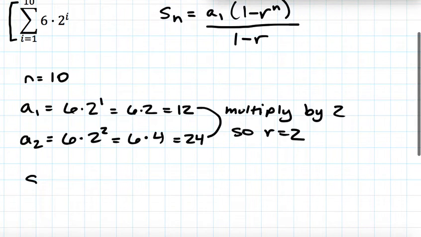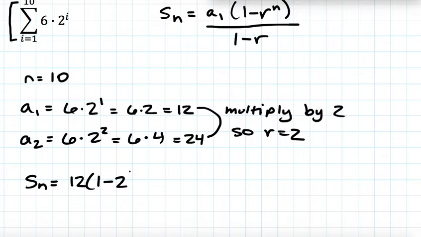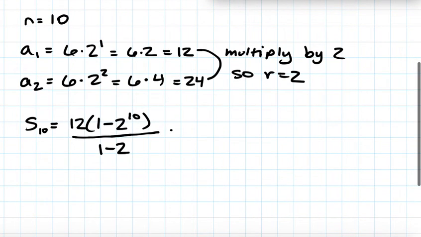So from here, I'm just going to plug in a1 is 12, r is 2, n is 10. So this is s. I wrote s sub n, but it's s sub 10, the sum of the first 10 numbers. And then I have 1 minus r, which is 2. So again, you can do this piece by piece or type it all in at once into your calculator.